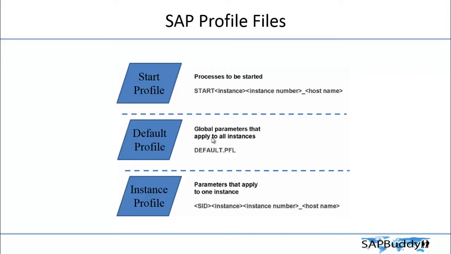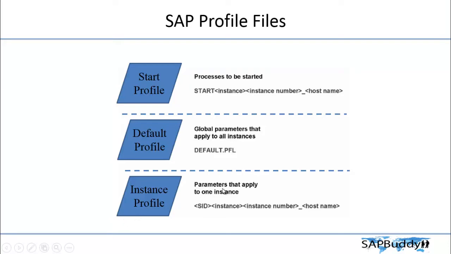When we opened the OS level file, we also saw the host name and the system ID. This information cannot be changed from one application instance to another, so we define these parameter values in the default profile.